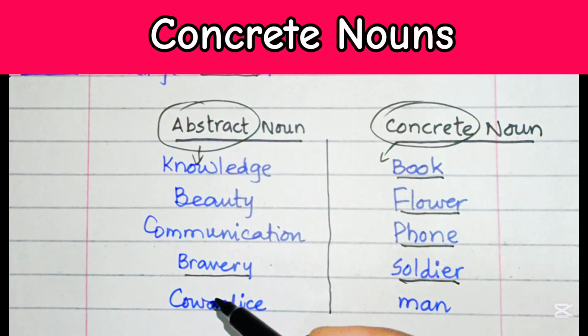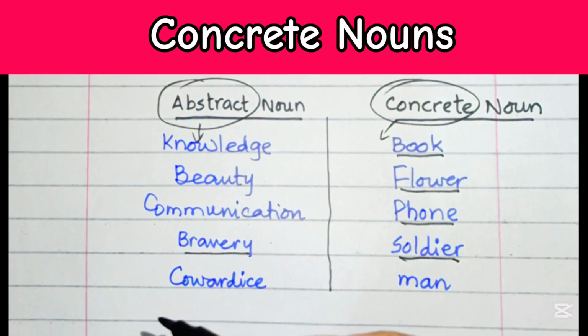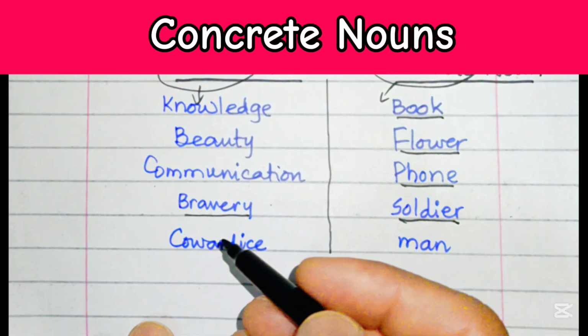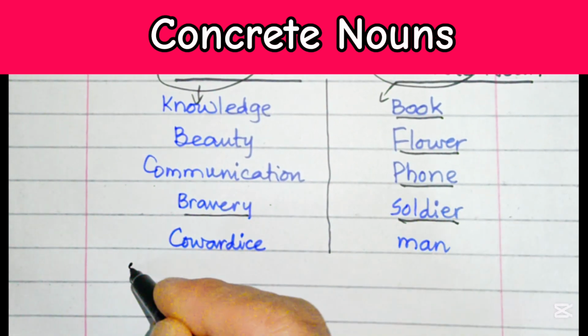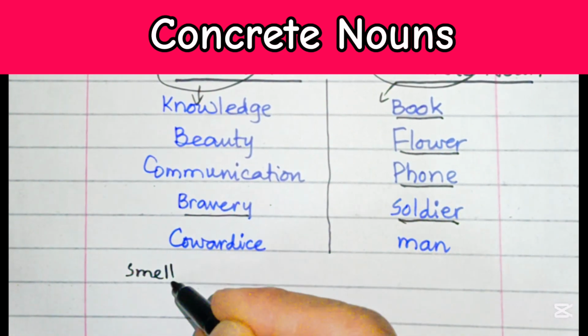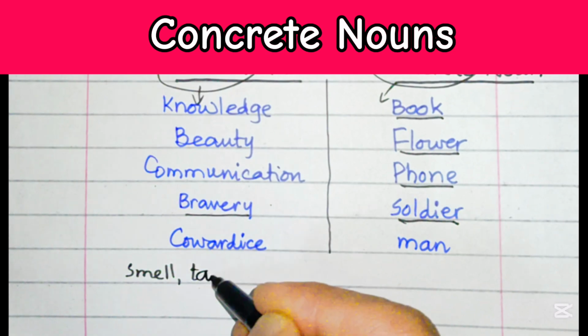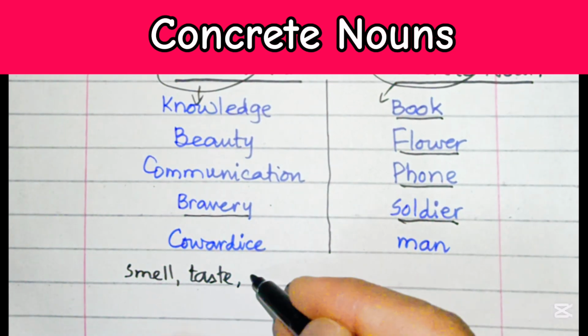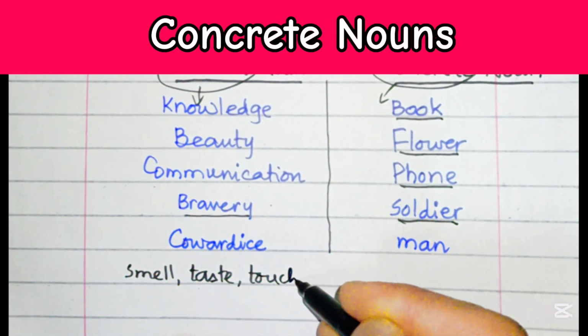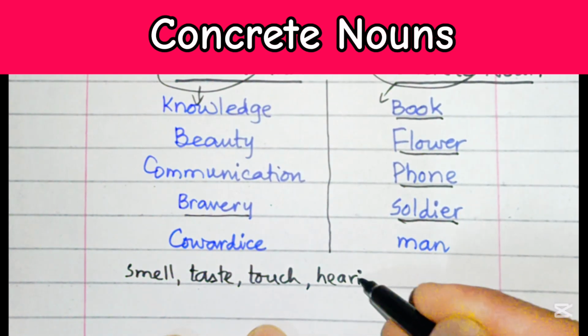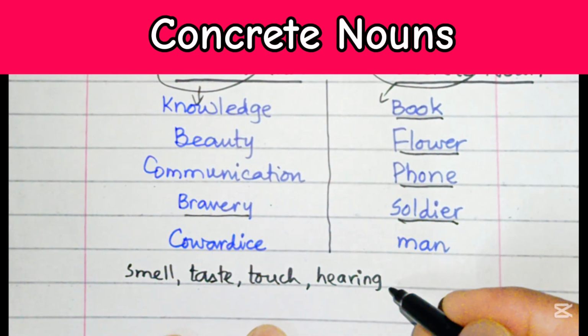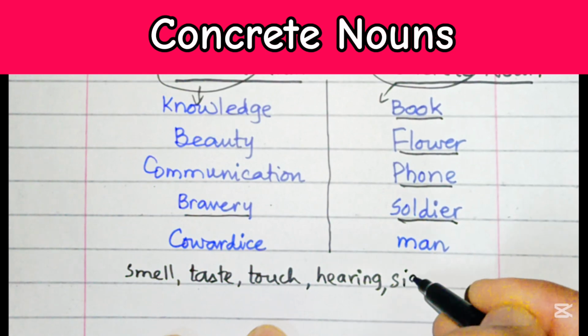We know that nouns are naming words, and concrete nouns are those nouns which can be perceived through five physical senses: sense of smell, sense of taste, sense of touch, sense of hearing, and sense of sight.